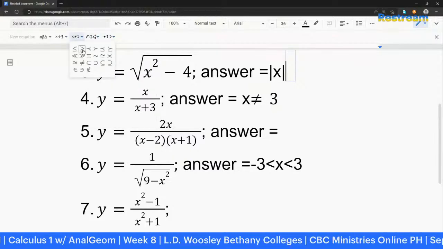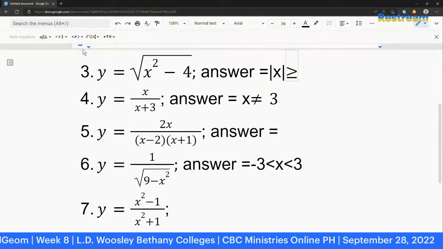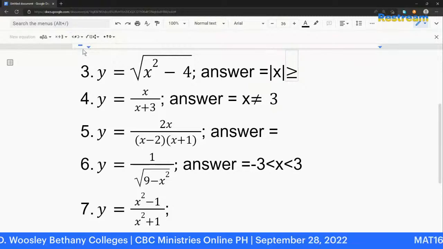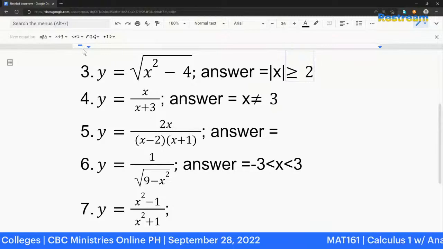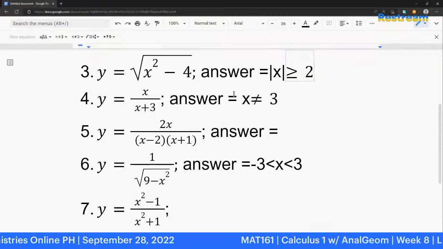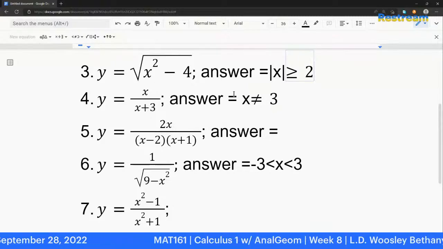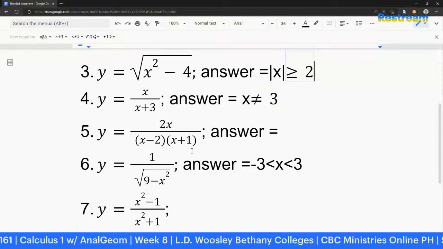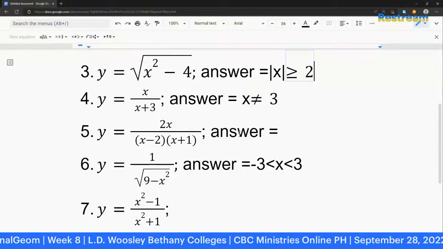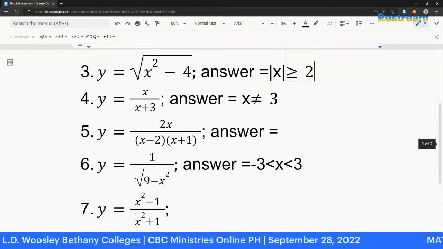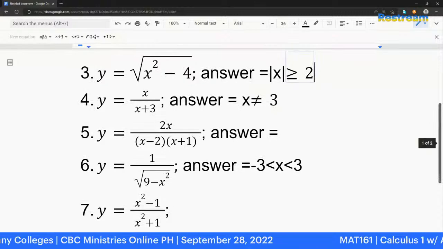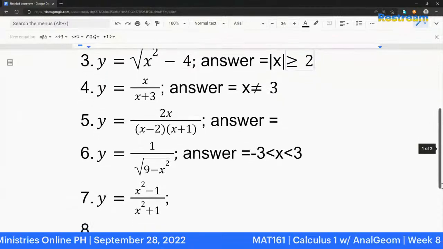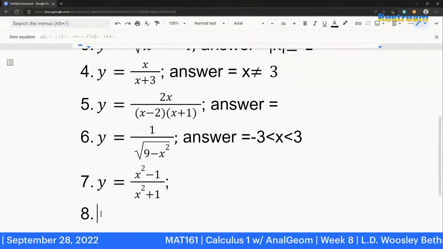Ito, absolute value. So ito yung sagot. For Josh, I think Josh is correct doon. Hindi ko lang makita masyado kasi yung maliit yung text niya. Alright, hintayin natin. And then Gian, siguro ready na rin si Gian, no? I will type the question for Gian.